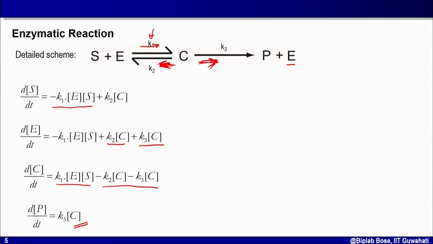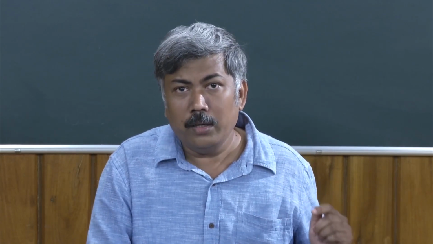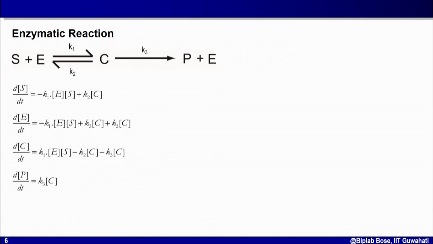In the earlier simple case I did not consider any ODE for the enzyme because I considered the enzyme concentration does not change with time. In this case E is forming a complex, so some of the E is getting sequestered in the complex, and since I have a detailed mechanism, I have considered E as a dependent variable and written down an ODE for the enzyme also.